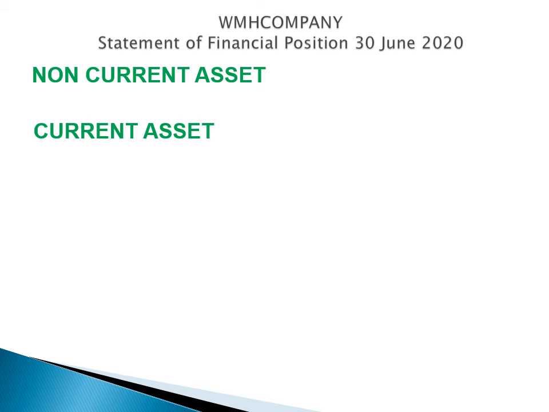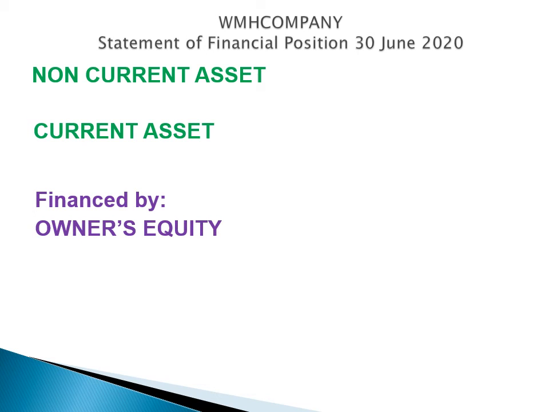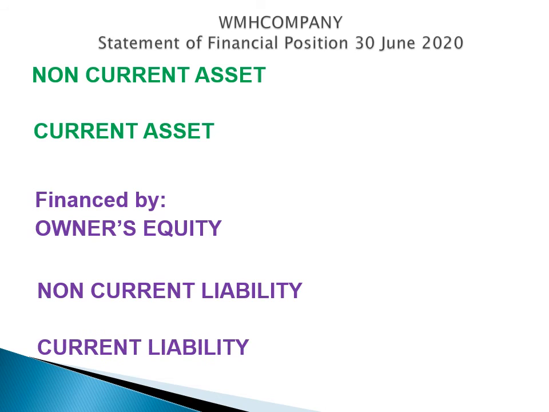Total them up, so you have the total amount of assets, and you need to show the reader how they finance the assets, whether using the owner's equity or the non-current liability or current liability. So this is the list that you need to ingrain in your brain. This is what will be displayed in the statement of financial position.